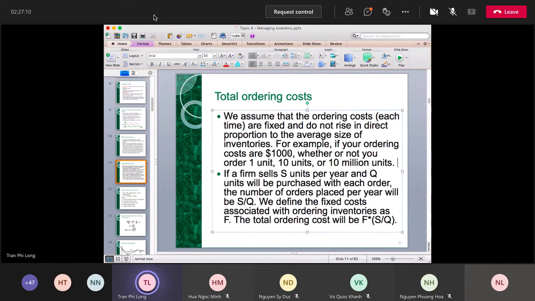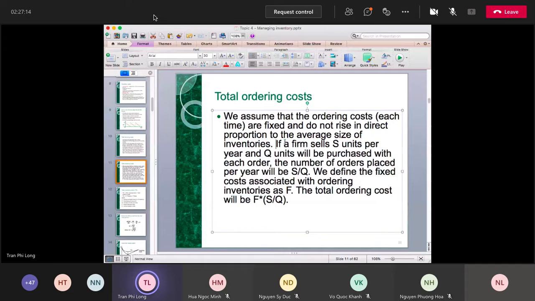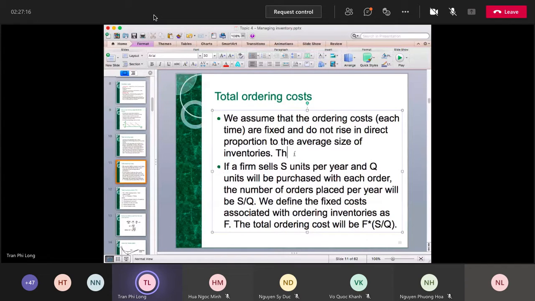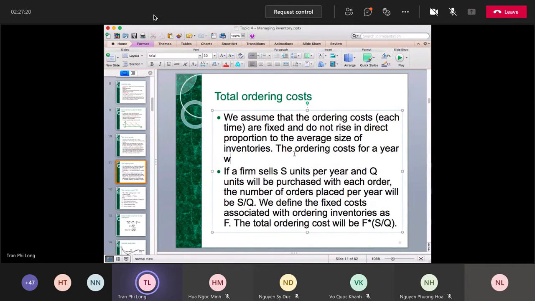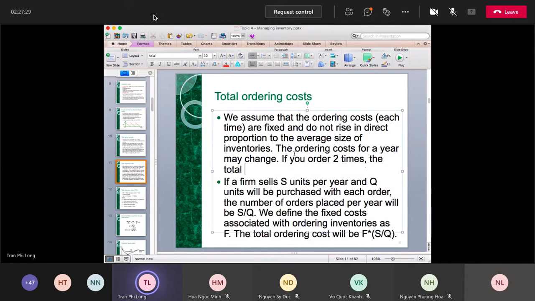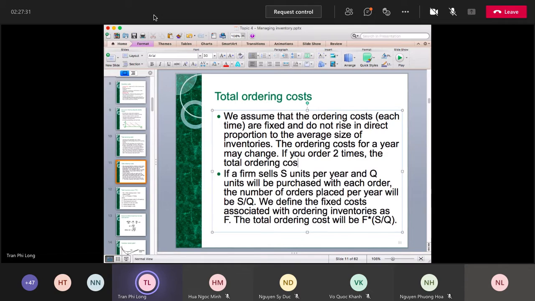However, the ordering cost for a year may change. If you order 2 times, the total ordering cost will be 2 multiplied by 1,000 as in the previous example, and it will equal 2,000 USD.